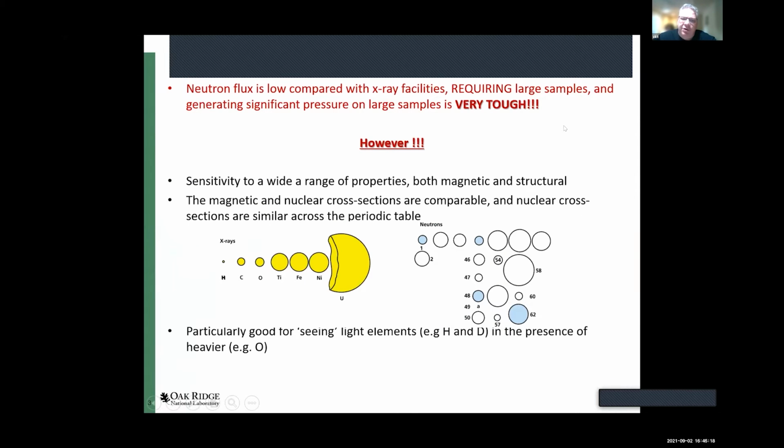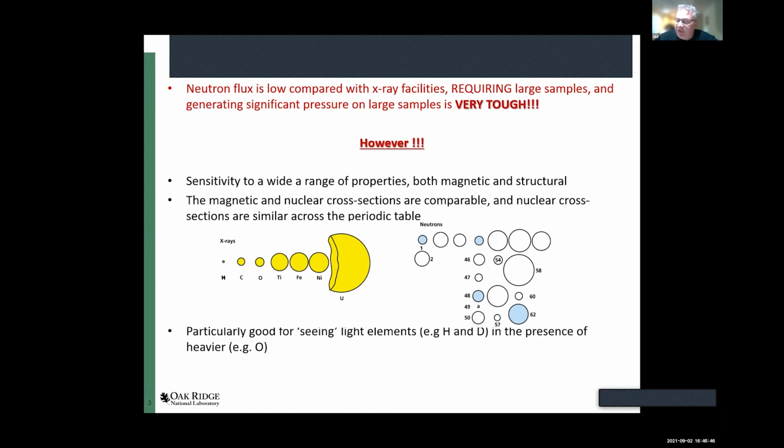So when we talk about neutrons, there's some things that we have to clear out of the way pretty soon up front, and that is that neutron flux is very low compared to X-ray facilities. It's several orders of magnitude less. So this requires large samples, and generating significant pressure on very large samples is a tough thing to do.